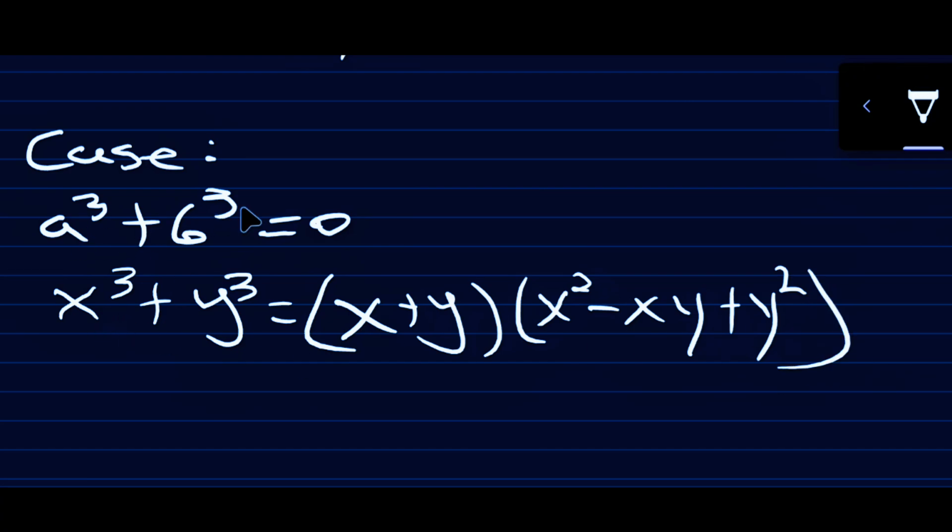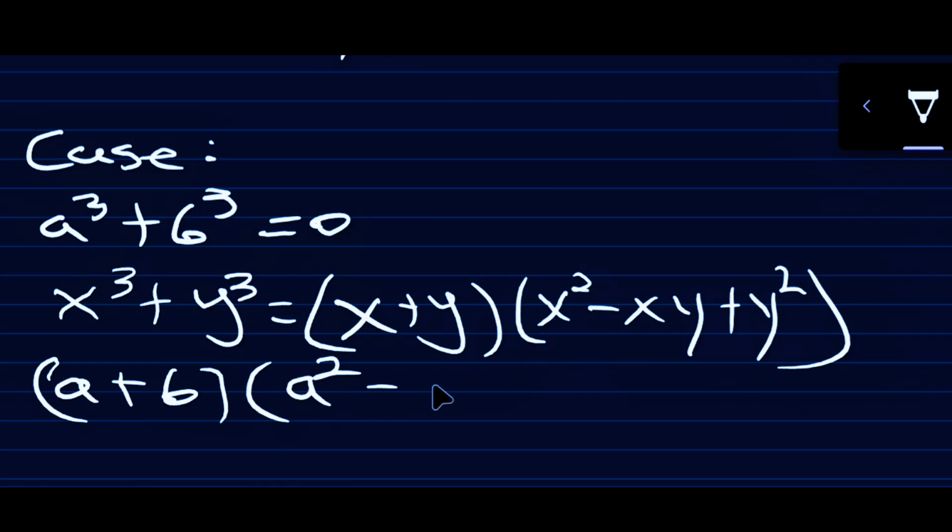Now if we expand this given equation in this form, remember that x is a and y is 6. So we have (a + 6)(a^2 - 6a + 6^2), and everything will be equal to 0.